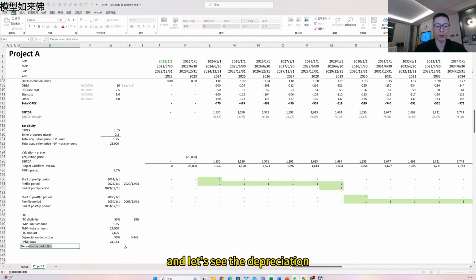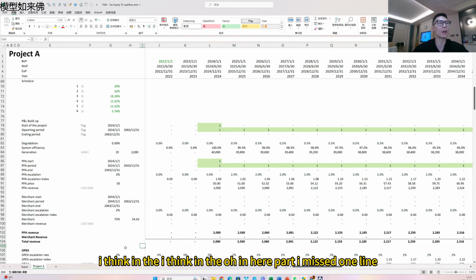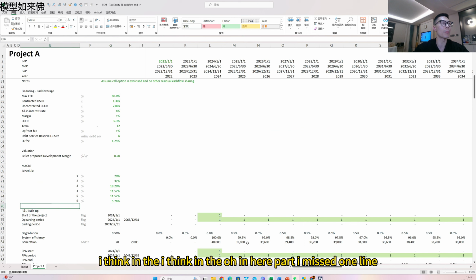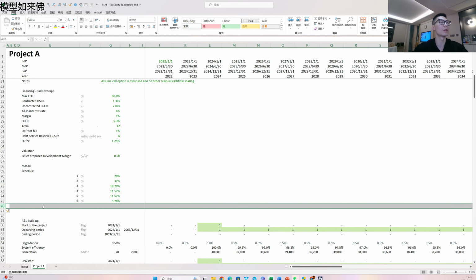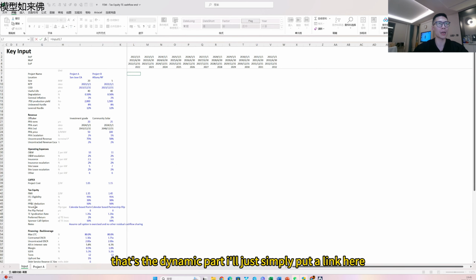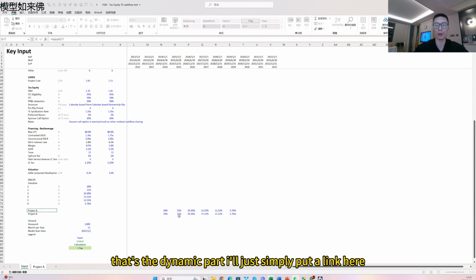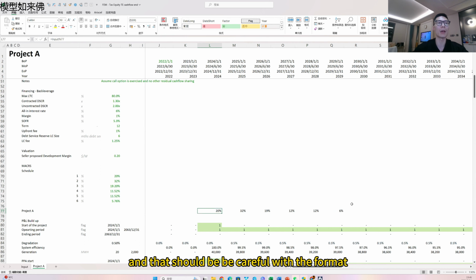And let's see the depreciation. I think in this part I missed one line. So you're gonna have a project A depreciation, because that's a dynamic part. I will just simply put a link here. So in total, that's 100%, and you should be careful with the format.